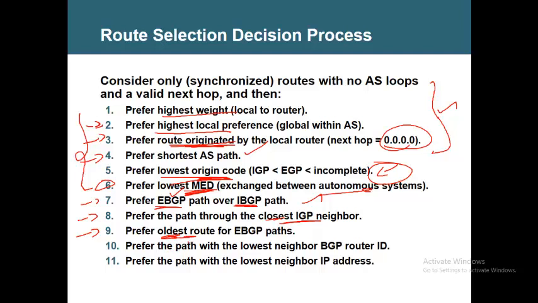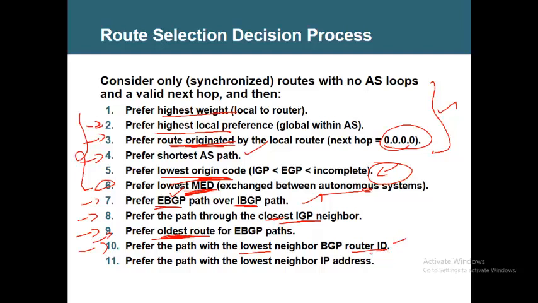If this is also a tie, which is a very rare case, then it prefers the neighbor whose router ID is lower. There is no possibility of two neighbors having the same router ID.